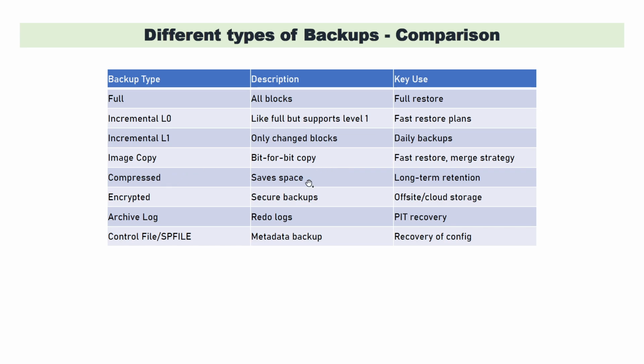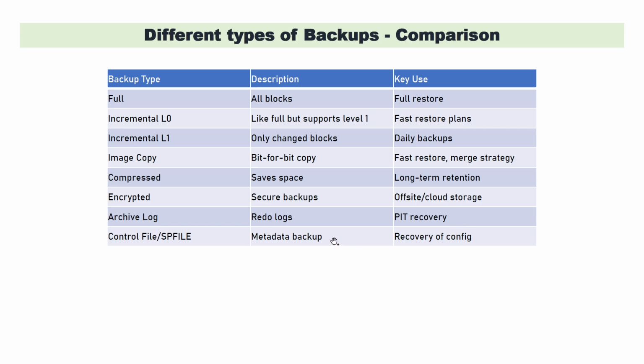Compressed backup: save space, long-term retention. Encrypted backups: secure backups, offsite cloud storage. Archive log backups: redo logs backups. We have not covered this yet, it will come in future, and it supports point-in-time recovery. Control file and SP file backup: this is the metadata backup, for recovery of the configuration of your database. So these are some of the types of backups and the key uses of those backups.